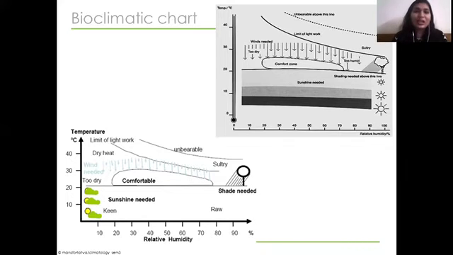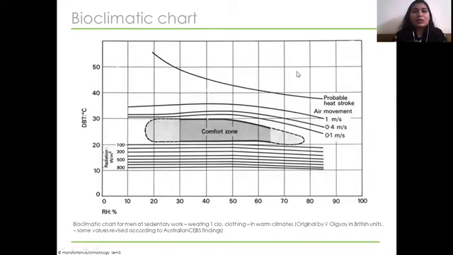So यही beauty है composite climate की, that every season is very well defined and it shows a peculiar character in every season and every weather. Okay, so these are very interesting charts and give you a detailed insight about designing your enclosure. So this is how you will explain and implement the bioclimatic chart.